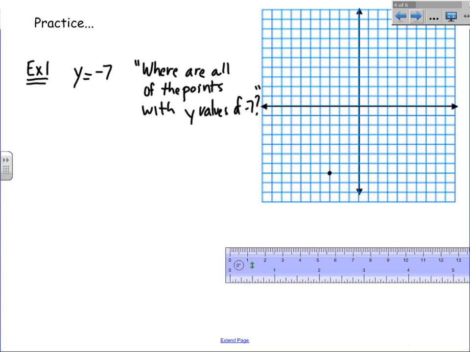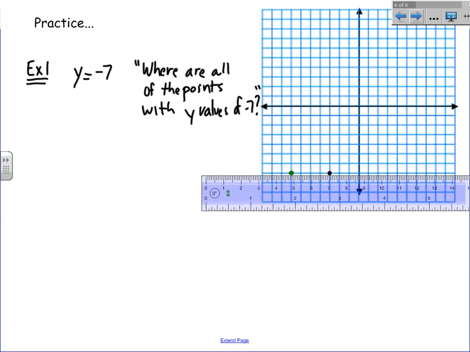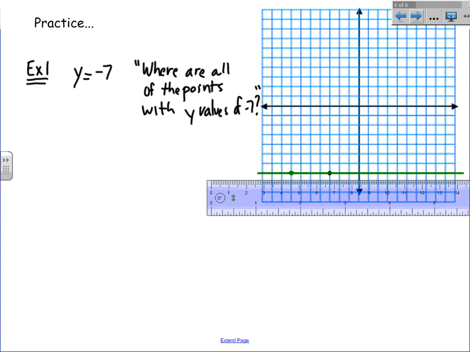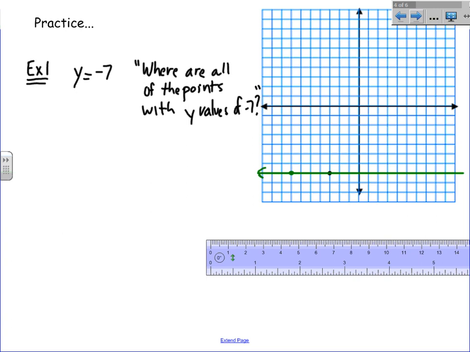Another one? And that's probably enough by now, right? You don't have to go crazy. You could if you wanted to. What kind of line is it, Jack? Horizontal line. Draw it in. Make a good line with arrows on both sides. And label it with the equation y equals -7.